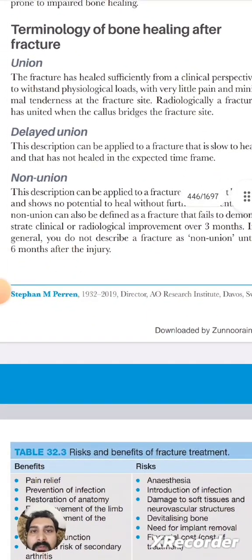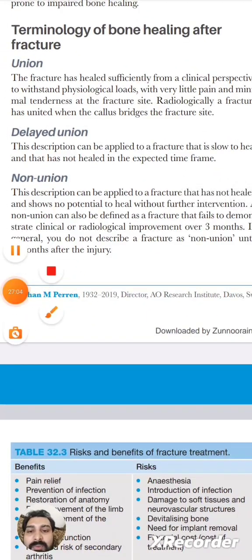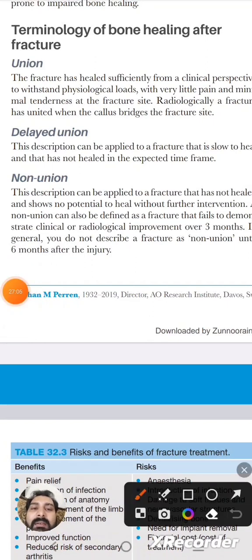Let's come to the terminology of bone healing after fracture. Union. When we say union has occurred, it means a fracture that has healed sufficiently. Clinically, we say a fracture has healed when it has healed sufficiently and is able to withstand physiological loads with very little pain and minimal tenderness at the fracture site.